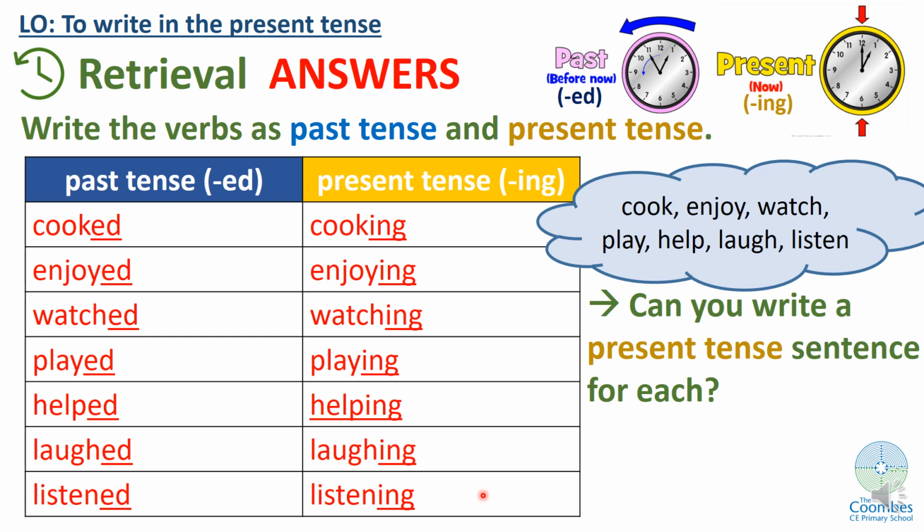Amazing job if you got those all correct. So today we are really focusing on these present tense verbs. So really thinking about using the ing words in our writing today.